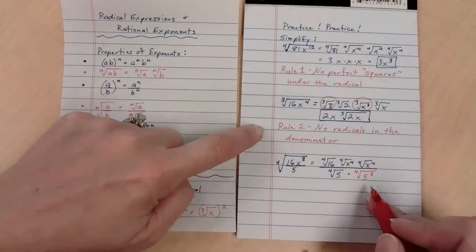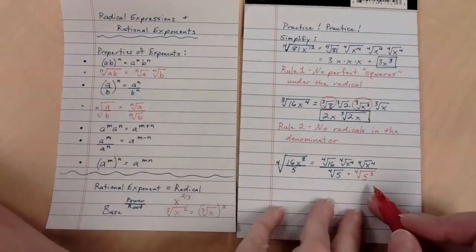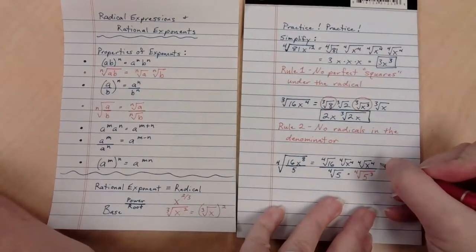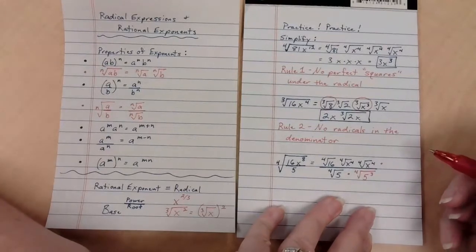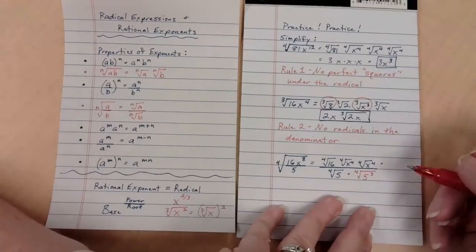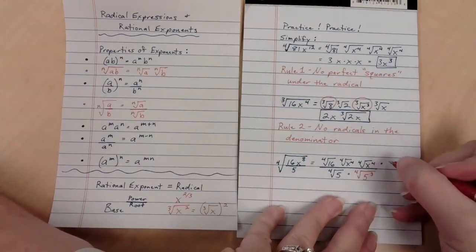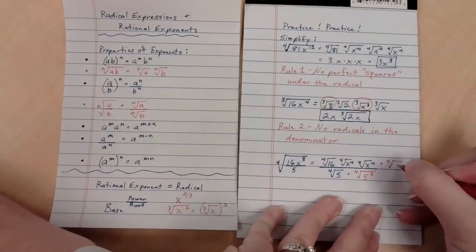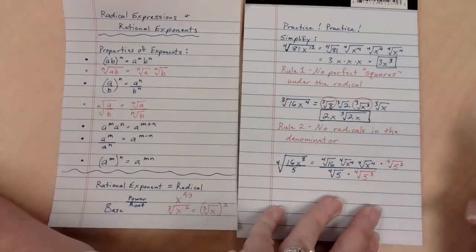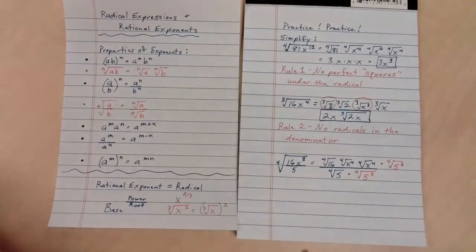Is this legal? Not by itself, no. I have to multiply the same thing top and bottom. I don't want to change the value of the fraction, I just want to change its appearance. So if I'm going to multiply the bottom by the fourth root of 5 cubed, I'm also going to multiply the top times the fourth root of 5 cubed, multiplying same thing top and bottom.